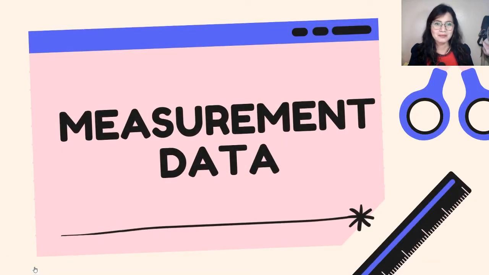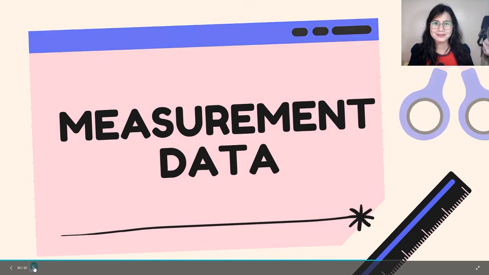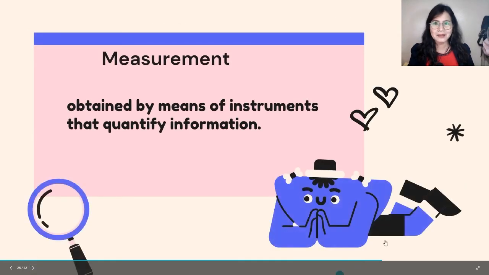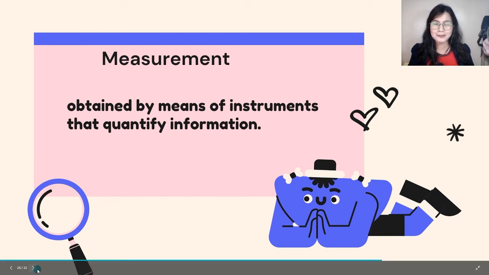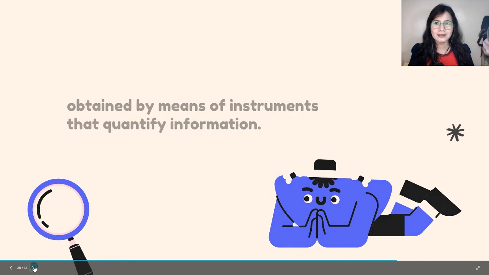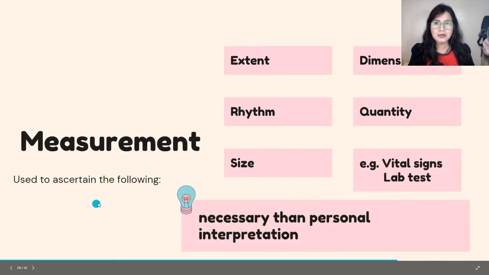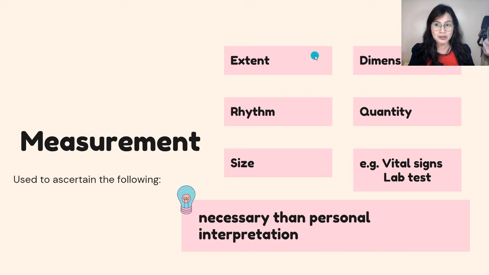How about measurement data? Measurement data are obtained by means of instruments that can quantify information. Measurement is used to ascertain the extent, dimension, rate, rhythm, quantity, or size, frequently using instruments in addition to senses.